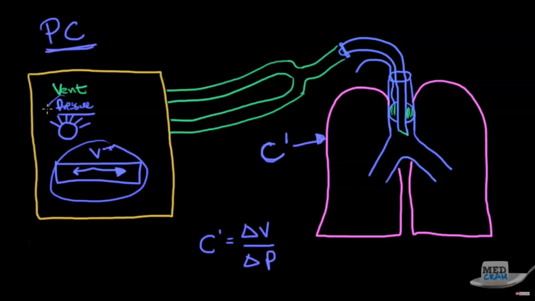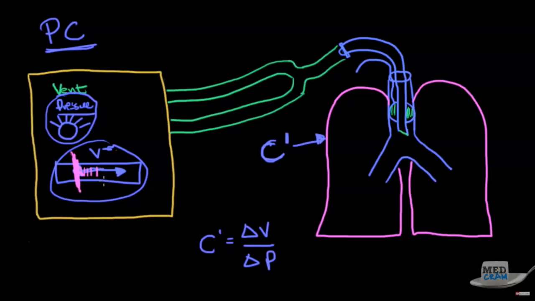Let's say in a pressure control situation where you're giving a specific pressure, the compliance of these lungs somehow drops precipitously all of a sudden because of some pathology, which we'll get into. You will notice that the volumes will drop. You would want to know that, and so you could set an alarm on the lower side of the volume so that if the volumes did go down, an alarm would go off saying that you're not ventilating.